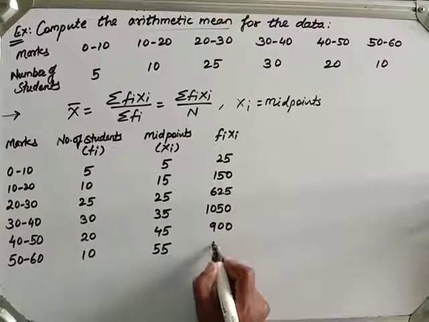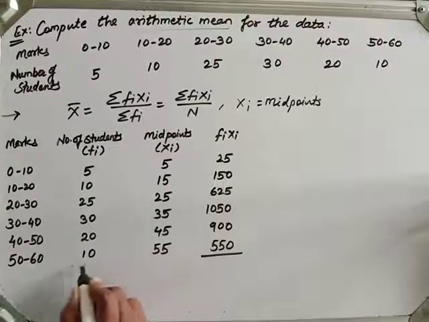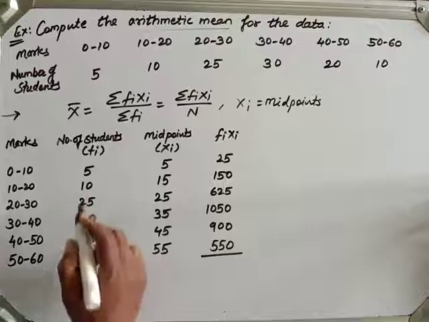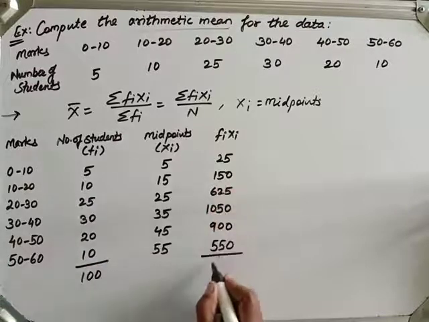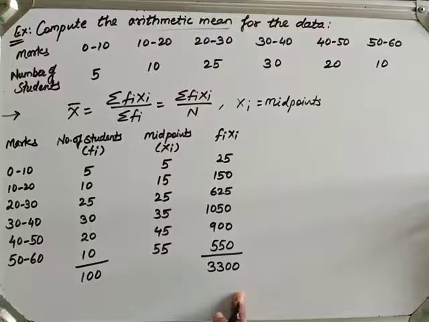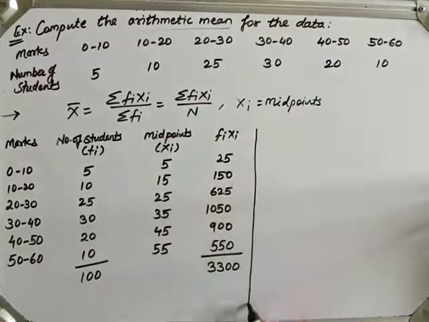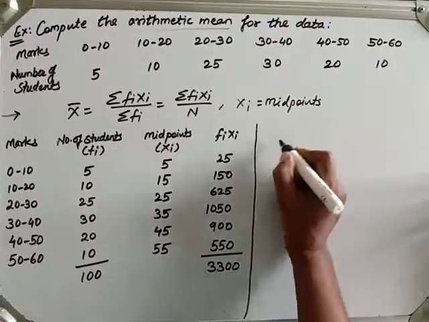And this one will be 550. Now we want this sum and the sum of those frequencies. The sum of frequency is 100 and this summation is 3300.